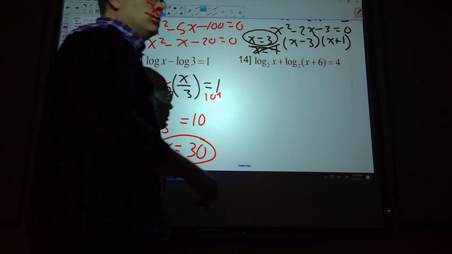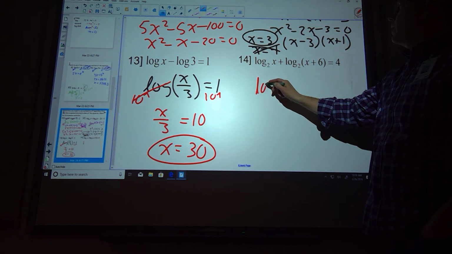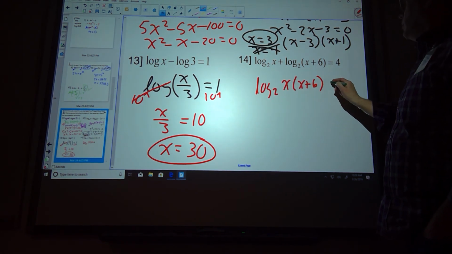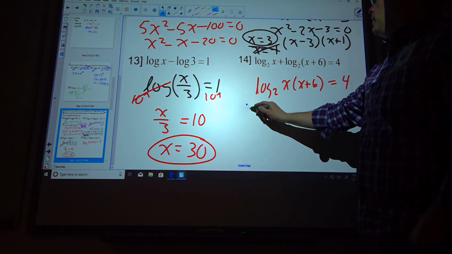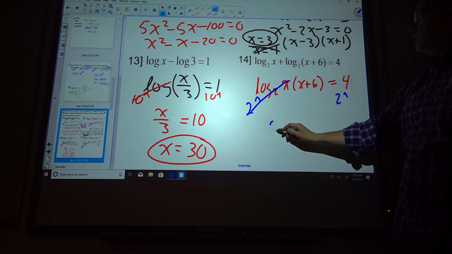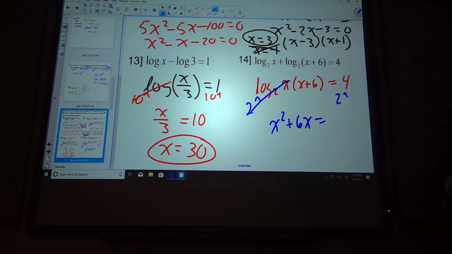And then last problem. Same bases, so I'm going to put them together. So log base 2 of x times x plus 6 equals 4. What's my base on this one? 2. So both sides are going to have a base of 2, and we raise both sides to the exponent. Those cancel, so I get x squared plus 6x, and then 2 to the 4th, 2, 4, 8, 16.